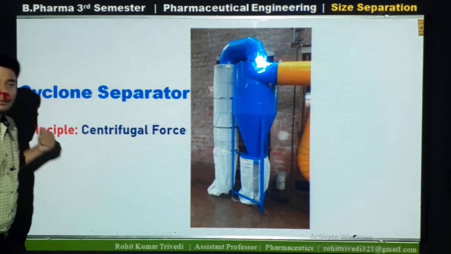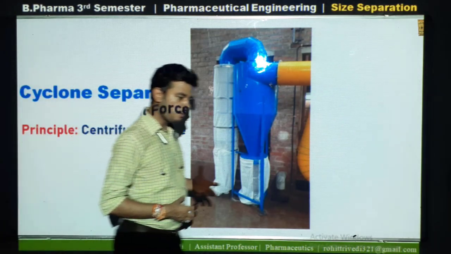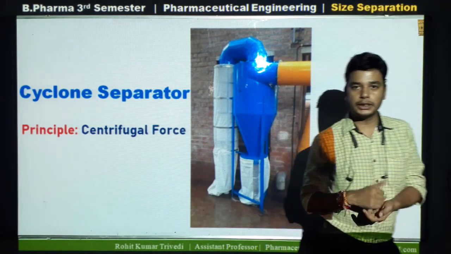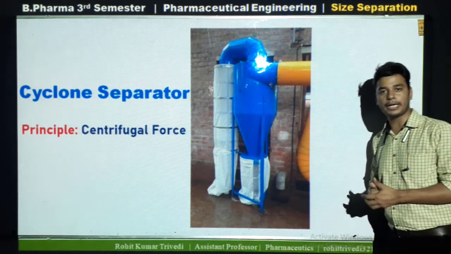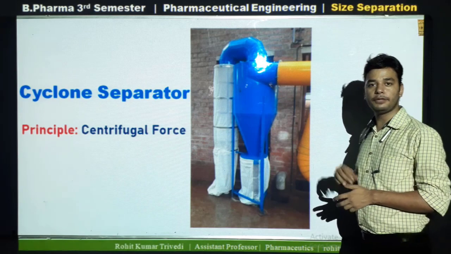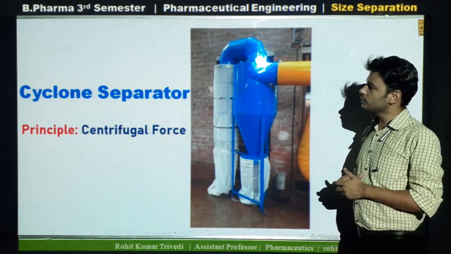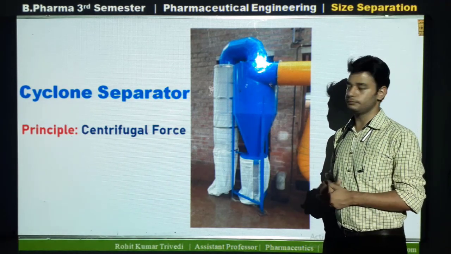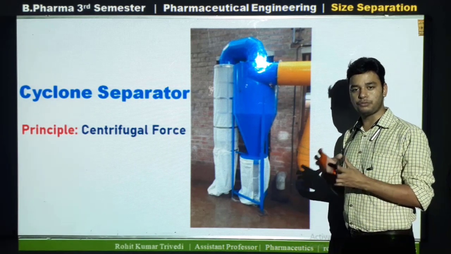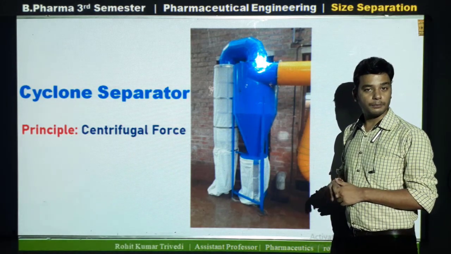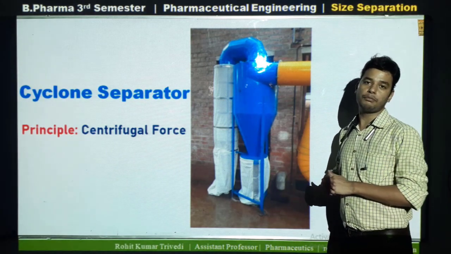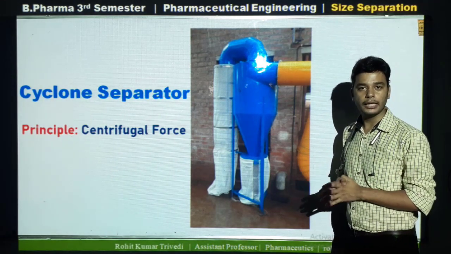Now let's start this cyclone separator. As we already know, before starting any machinery, we are required to learn the principle behind the working of that specific machinery. The cyclone separator works on the principle of centrifugal forces. The centrifugal forces inside the cyclone separator are responsible for separation of particles on the basis of their sizes.